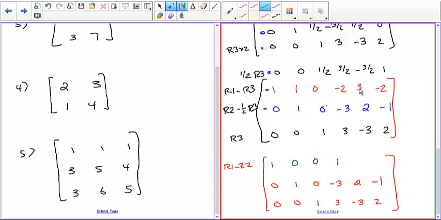3 minus 2, which is going to be positive 1. And negative 2 minus a negative 1, which is negative 2 plus 1, which is going to be negative 1.